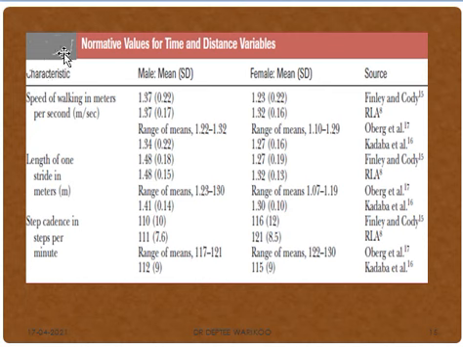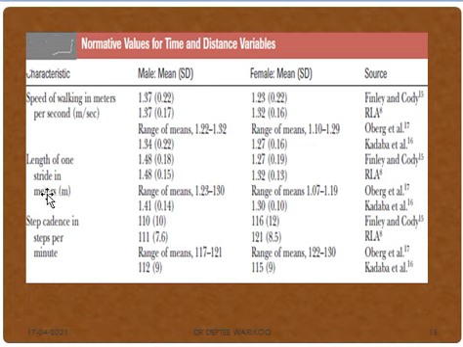There are certain things which will have an effect on the normal values of the distance and time variables. But here we have some mean values. For example, the speed of walking in meters per second for men is 1.32 and for females is 1.23.